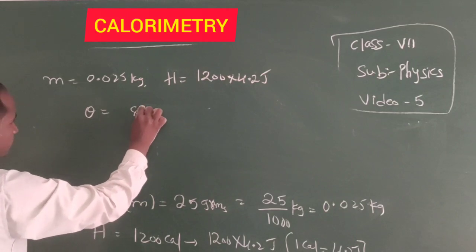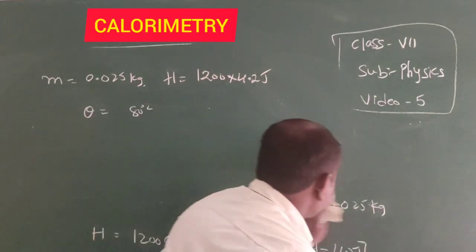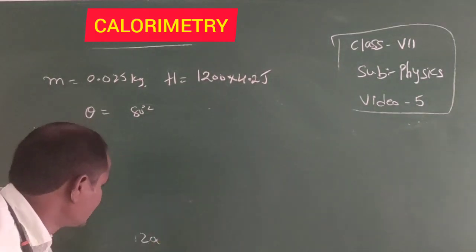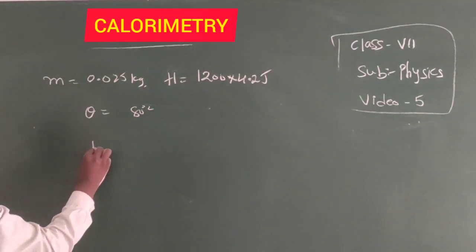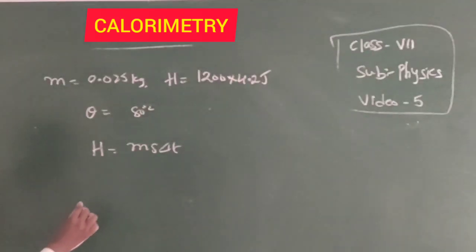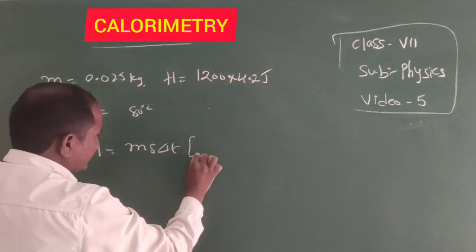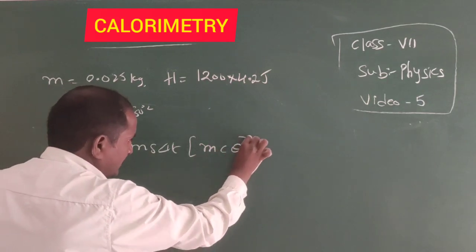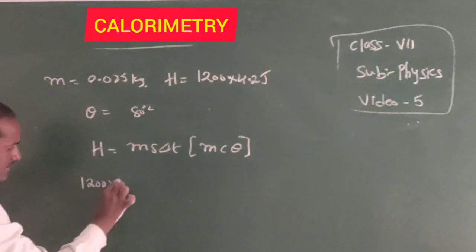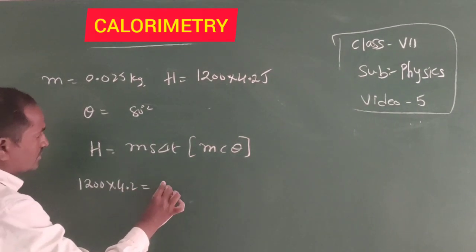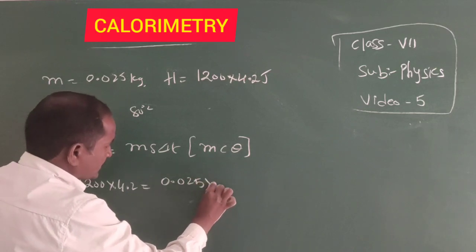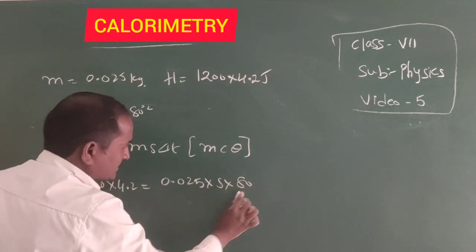So 1200 into 4.2 equals 0.025 into S into 80.